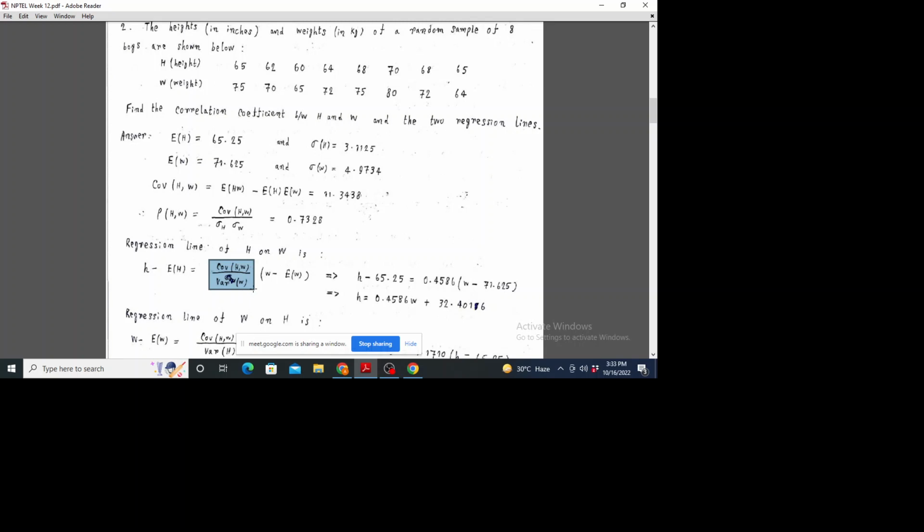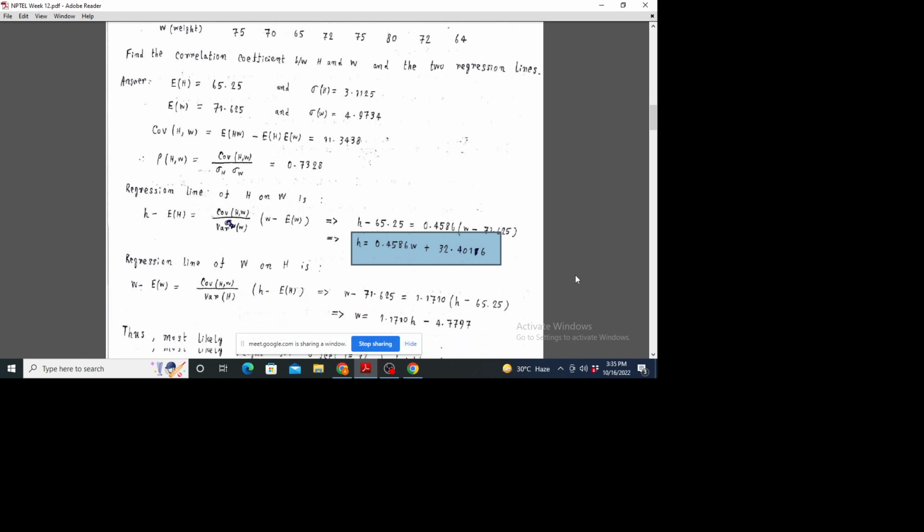If we look at the slope, we know the numerator, the covariance that we have just calculated, and for the denominator we have sigma W, and variance of W is just the square of sigma W. If we perform this, we have gathered all the required values, and that will give the slope as 0.4586.